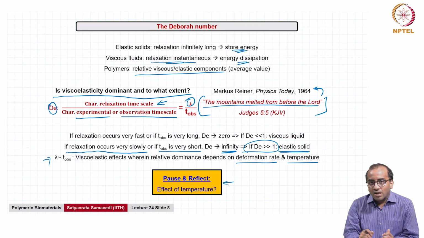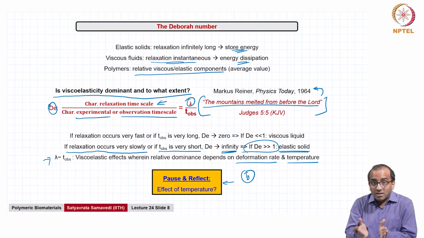What would be the time scales associated with relaxation? How fast will creep proceed, and how does all of that relate to the temperature itself, namely Tg of the polymer? So again, you have to connect it back to Tg vis-a-vis the operating temperature. So that's one way to think about the effect of temperature.